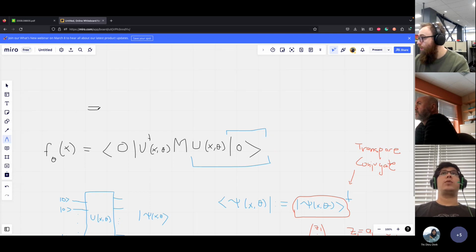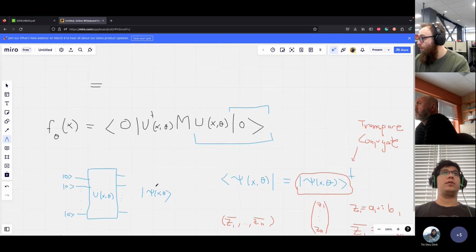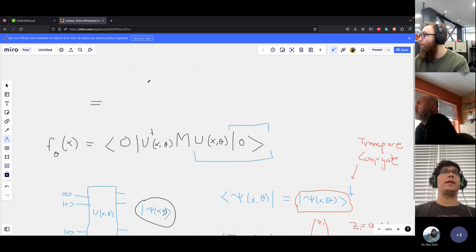Now, what this actually means is that we have a state that we prepared with this quantum circuit, which is this ket of psi x theta. Look at the last part here, this ket at the bottom. I'm going to replace it here, but also look at the other part.